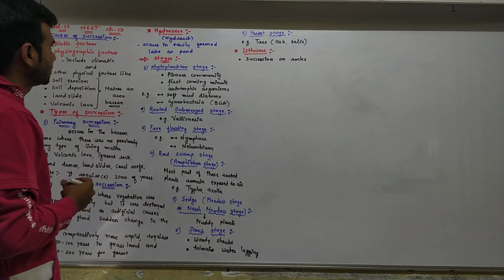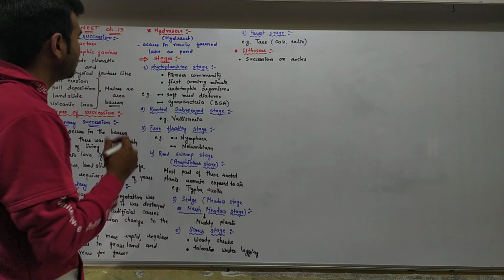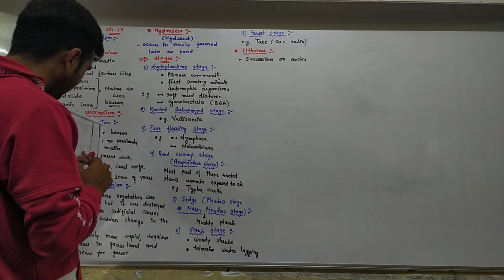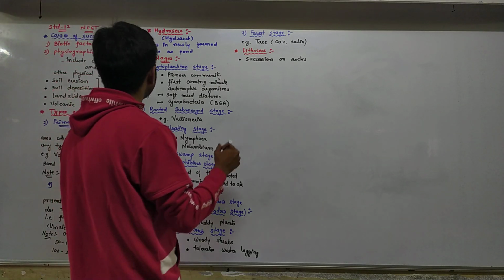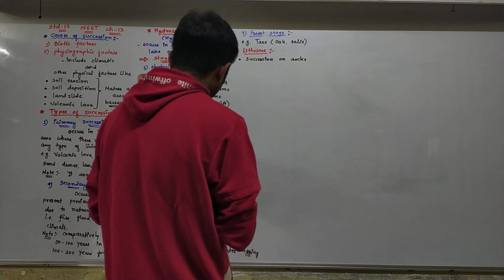So succession in a newly formed lake or pond is known as hydrosphere. Here similarly stages are there. So let us discuss the stages of the lithosphere.